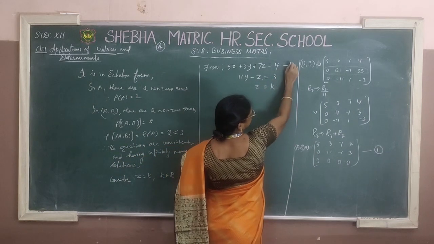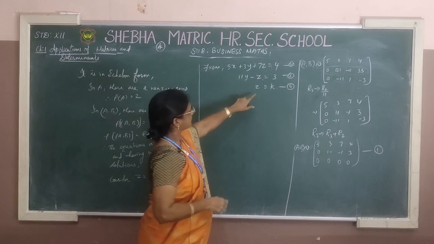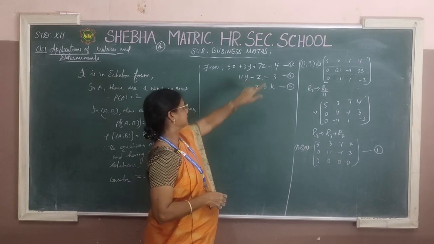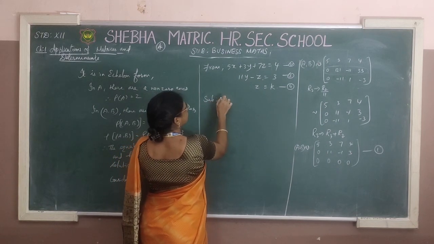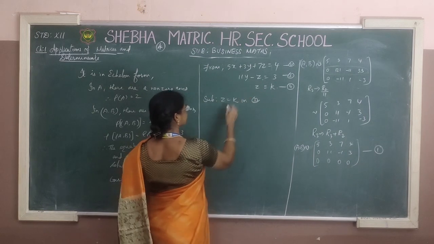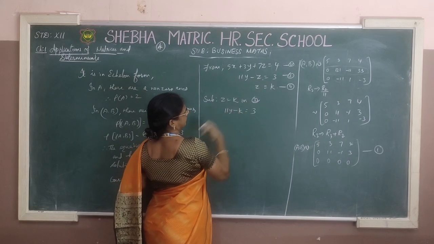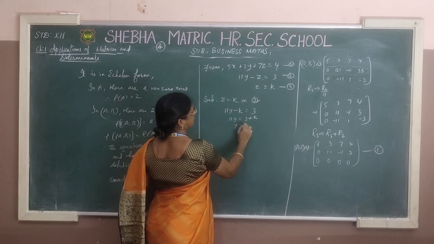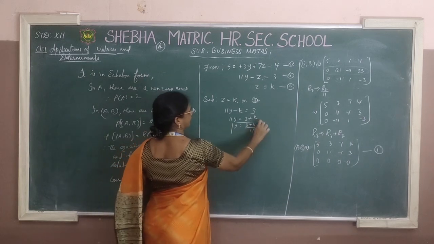Mark this 2, this is 3 and this is 4. Using this z value, we get the value of y from the third equation. So we put z equal to k in the third equation: 11y minus k equals 3. So 11y is equal to 3 plus k, and y is equal to 3 plus k divided by 11. This is our y value.